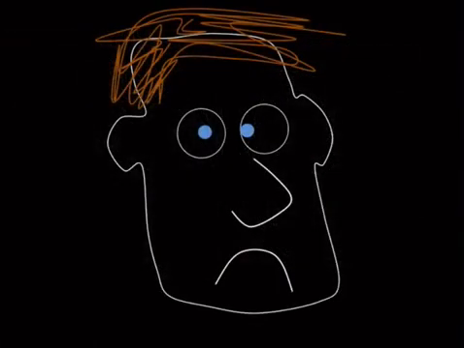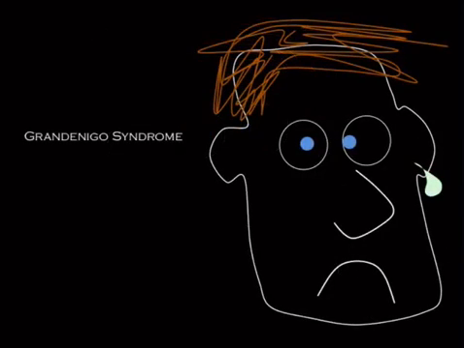And then if I show you this guy here, you notice that he has blue eyes, one looking one way and one looking the other. So this is a guy who has Gradenigo syndrome, which is basically when the apical petrositis involves Dorello's canal, which is where cranial nerve 6 is located.